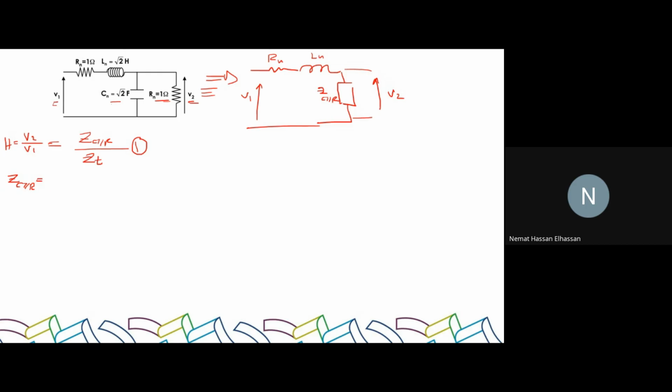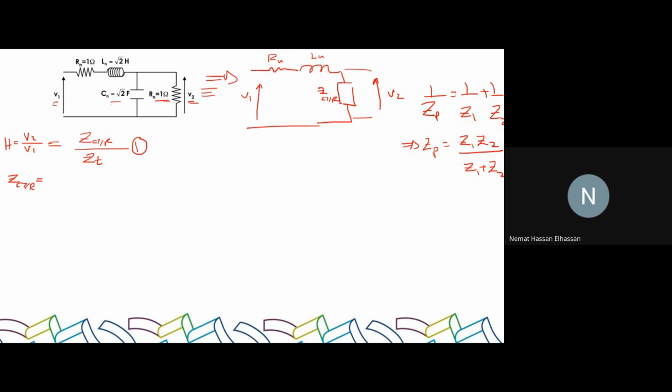How do we calculate parallel impedance? Do you remember 1 over ZP is equal to 1 over Z1 plus 1 over Z2, right? Which means that ZP is equal to Z1 times Z2 divided by Z1 plus Z2. Do you remember these rules? It's the same rules of resistive networks.